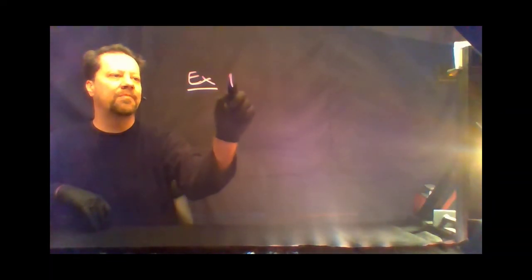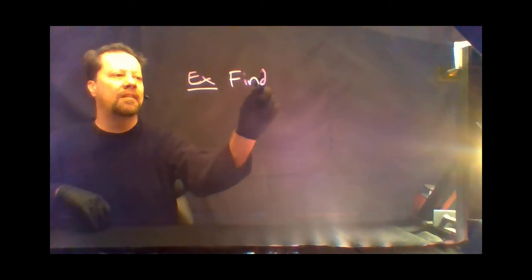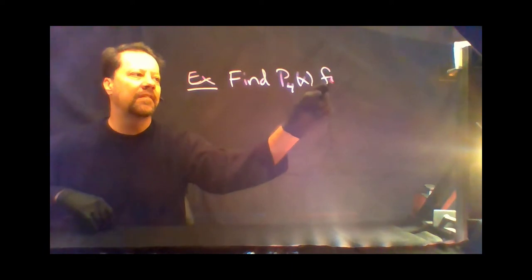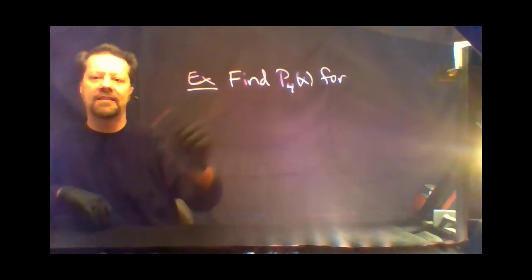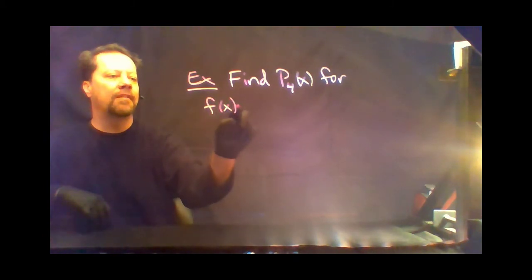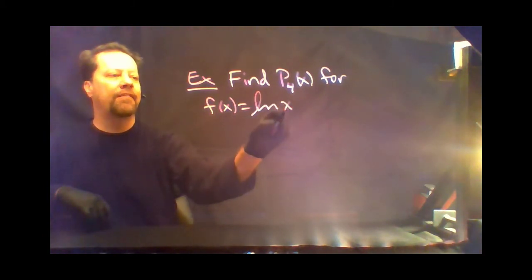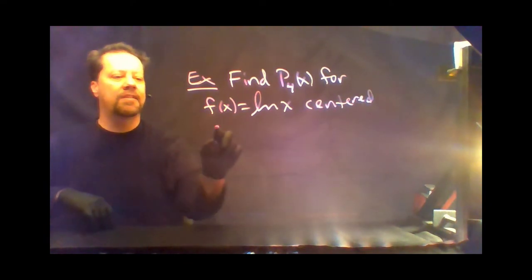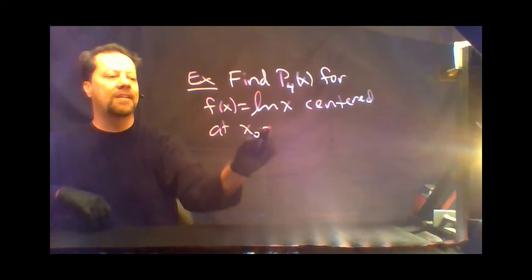As an example, let's find P4 of x, the 4th degree Taylor polynomial approximation for the function ln of x centered at x naught equals 1.